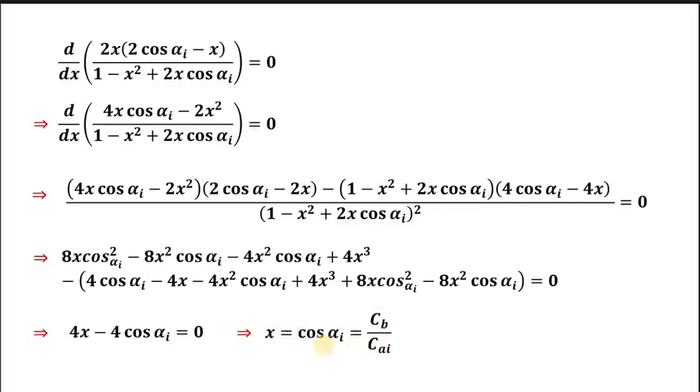So this is the optimum condition, that CB over CAI is equal to cos alpha I. There could be some typing error, so resolve it at your end. There is no need to panic at all. It's a simple derivation which you have been learning since your FSc. After differentiation, this is the optimum condition.